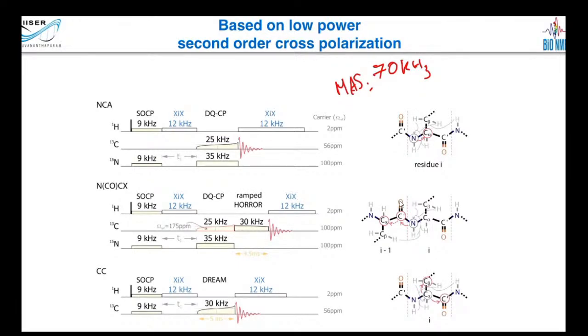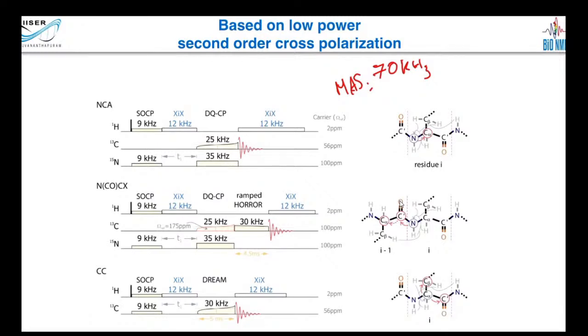So you have to have other types of magnetization transfer. It is possible to do it with low power magnetization transfer. And again, we can do all these NCA, NCOCX, CC, NCA, HNCA, HNCO, and COSY type experiments in solid state.